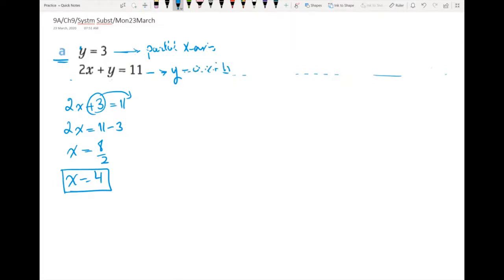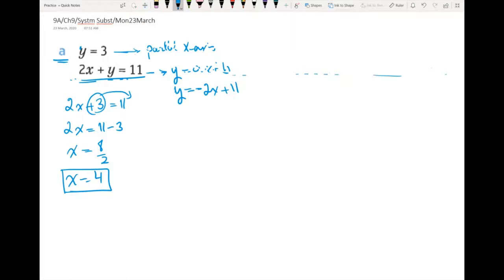So if I want to change this line into y equals ax plus b, it is going to be y equals minus 2x plus 11. So actually we are finding the point of intersection between these two lines.